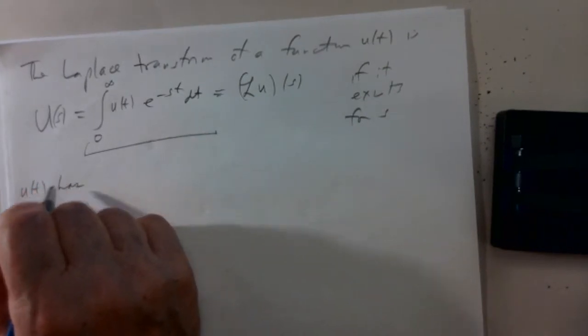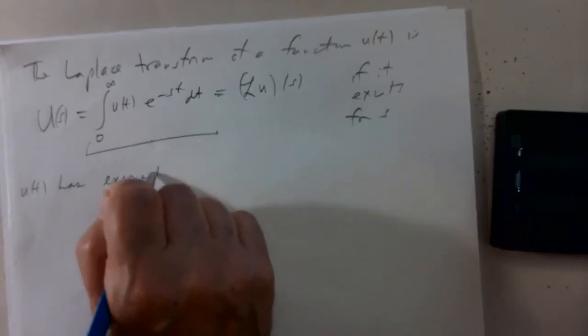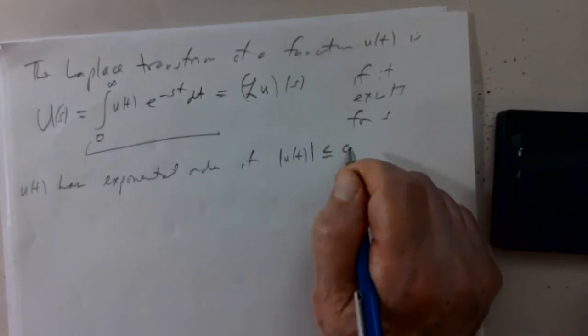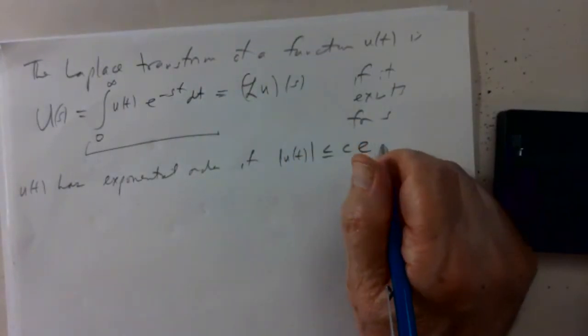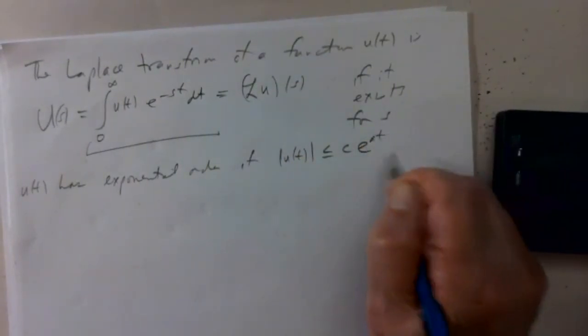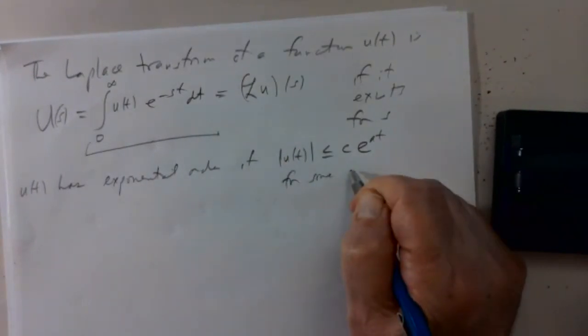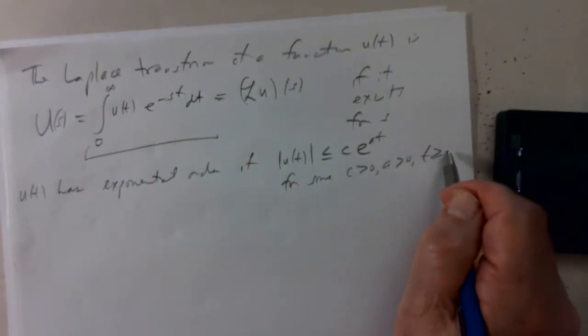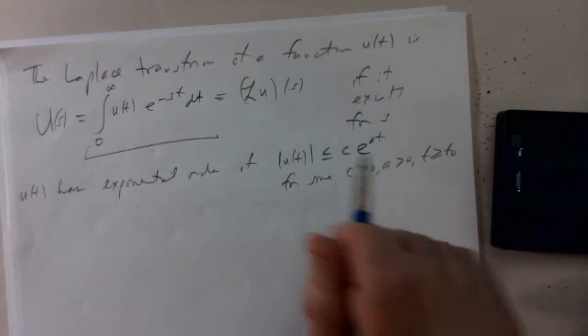The simplest condition is, we say u of t has exponential growth, or exponential order, if the absolute value of u of t is less than or equal to c times e to the at, for some c greater than 0, a greater than 0, and t large enough, from t greater than or equal to t naught.